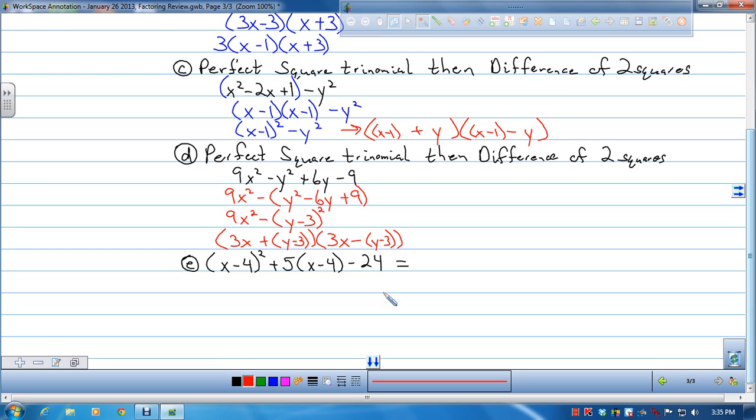Now, last problem I'm going to show you, there are two different methods to do this. The first method is to look at, I'm taking something squared here, and then I've got this same something. So that's the same as having an x squared and an x right there, which is commonly what we will factor.